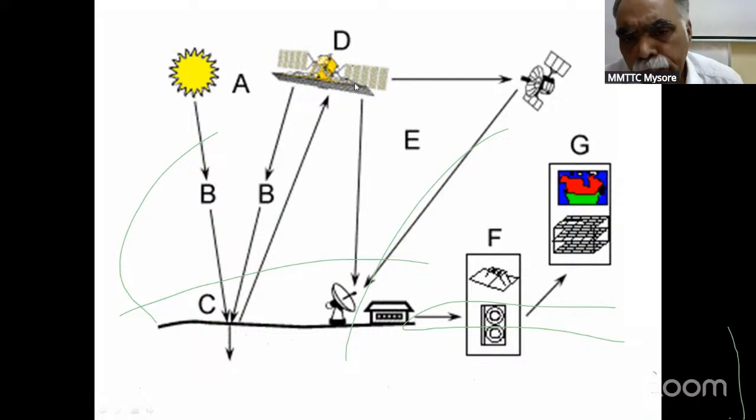Immediately from D, it will come to the ground station. Whatever reflected values and wavelengths are captured will be sent to the ground station. Sometimes it will be sent to another satellite, and from that satellite it will come to the ground station. Our GPS works in this kind of form.